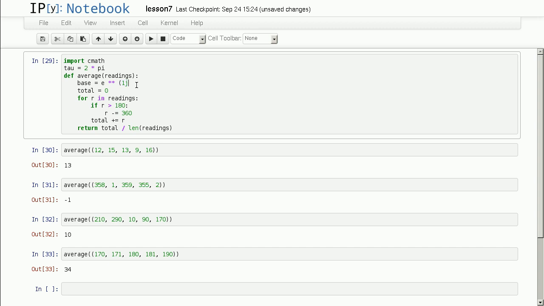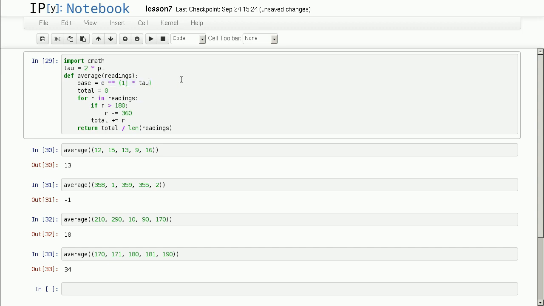Now if I just stop there, this base would be a complex number that is on the unit circle and is 1 radian around the unit circle from the positive real axis. If I multiply that by tau, that makes it 1 turn around the circle. So this ends up back at 0 degrees or at 1.